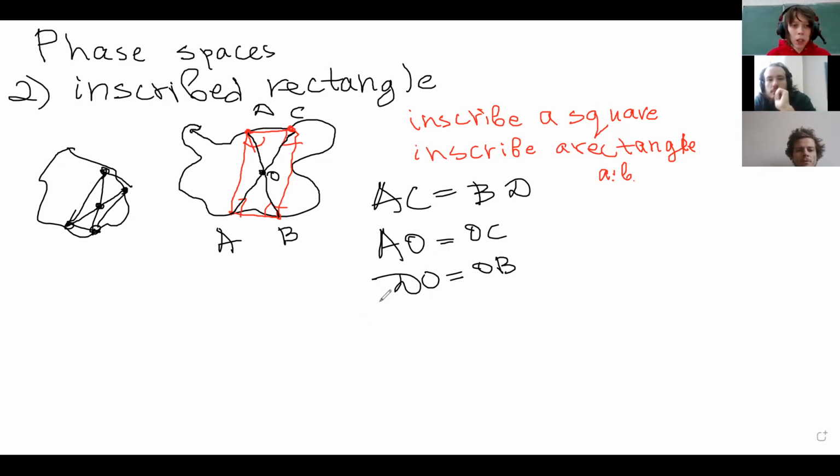So we don't need to search for a rectangle. We actually need to search for two equal line segments which intersect, and the point of intersection divides them in halves.